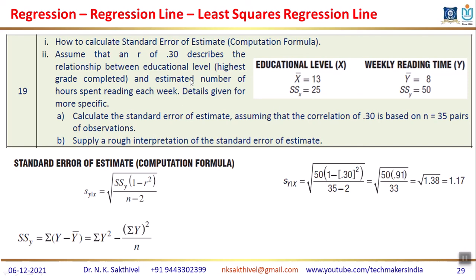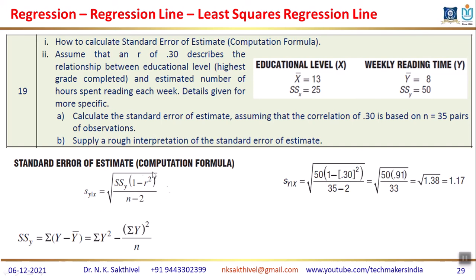According to this problem, n is given as 35. So you know n, you have R, and you have SSY, so you can calculate the standard error of estimation.